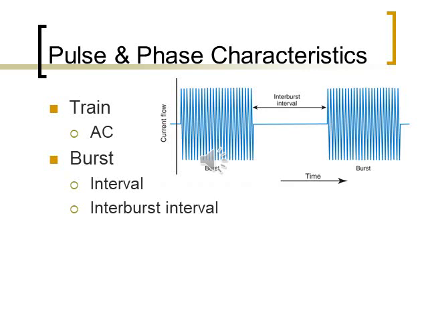If you look at the picture on the side, we've taken an alternating current and packaged the pulses into small bursts of electrical current with an interburst interval, where there's a time period where the current will not be flowing.